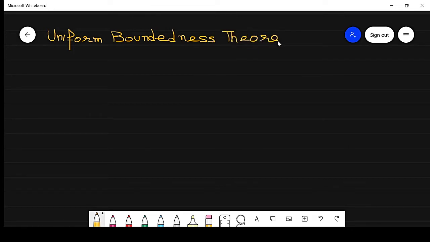This is expected for examination. It was asked as: state and prove the uniform boundedness principle. Just state and prove the uniform boundedness theorem, and its second name is Banach-Steinhaus theorem. Remember the second name of the theorem.